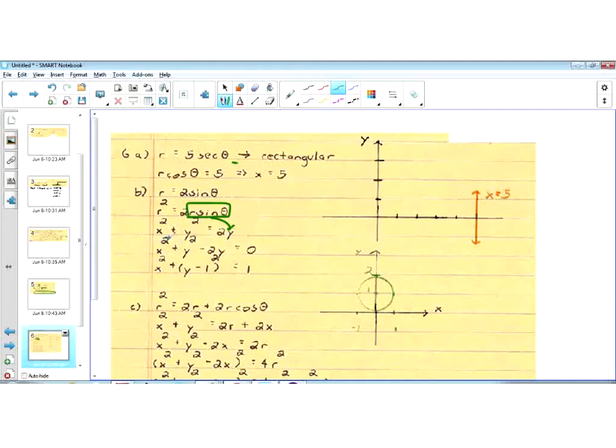Now bringing the 2y to the left-hand side, we'll have x squared plus y squared minus 2y is equal to 0, and you can recognize that if we complete the square on the y terms, we'll end up with the equation of a circle, x squared plus y minus 1 squared, and you'll discover that the circle has radius 1. So this would be a circle of radius 1 centered at the point 0, 1. So here's the xy plot of the polar equation r is equal to 2 sine theta.